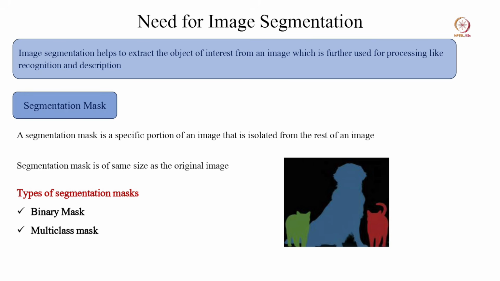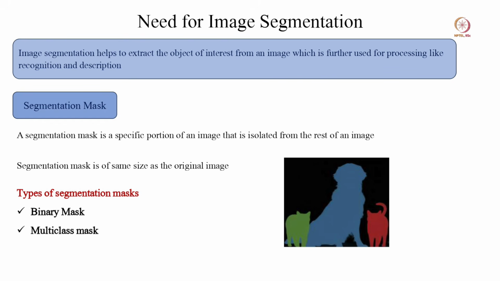Now we come to a term which we will be using quite frequently in this lecture: segmentation mask. What is a segmentation mask? A segmentation mask is a specific portion of an image that is isolated from the rest of the image. This is the segmentation mask of the previous picture, which had one dog and two cats.